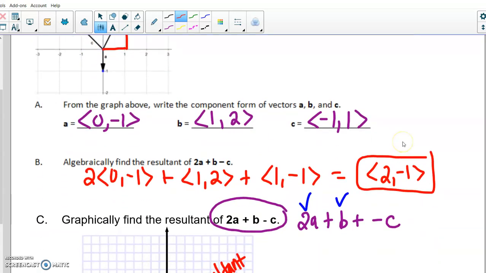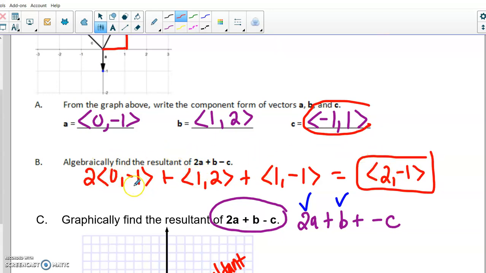Now it says algebraically find the resultant of 2A plus B minus C. So I'm going to do 2 times this A plus B. And instead of doing minus C, I chose to do plus the opposite of C. So I put in a +1 and a -1 here. I just changed the signs. Add up all the horizontal components. So 0 plus 1 plus 1 makes 2.